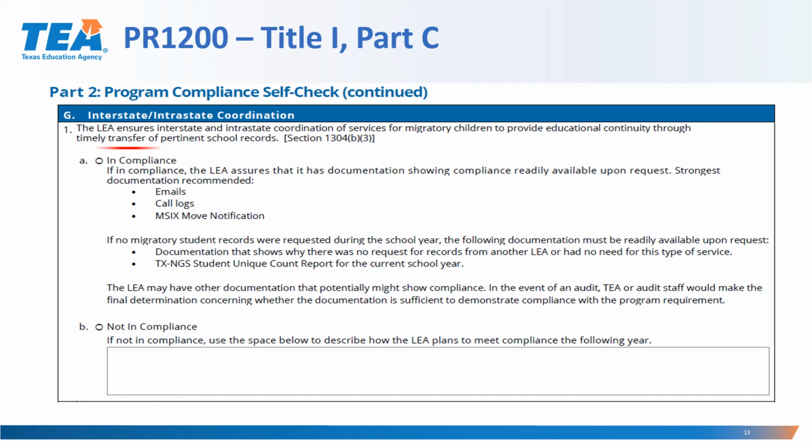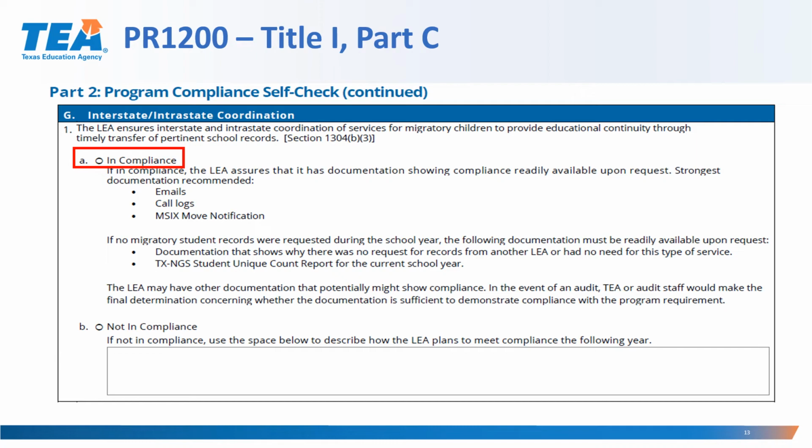If the LEA indicates that they're in compliance, the LEA assures that it has documentation showing compliance readily available upon request, and this is the strongest documentation recommended. Emails, showing that there was communication with other districts within the state or with other districts in other states. Call logs, again, also showing that there's interstate and intrastate communication.